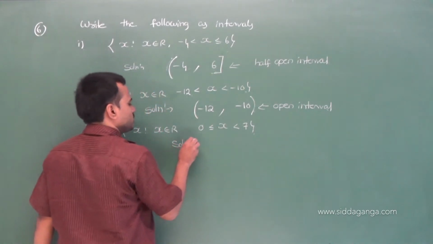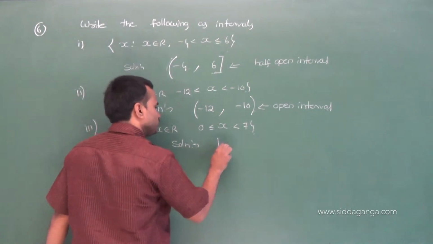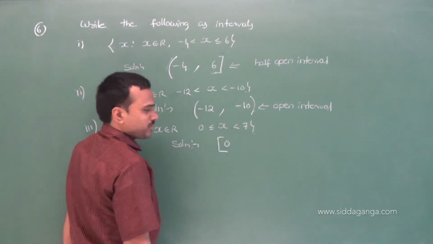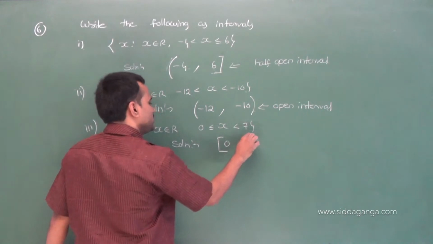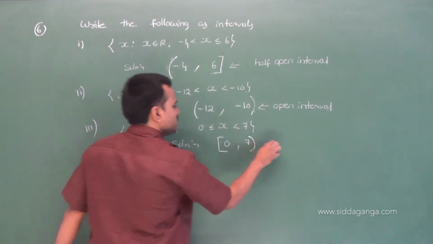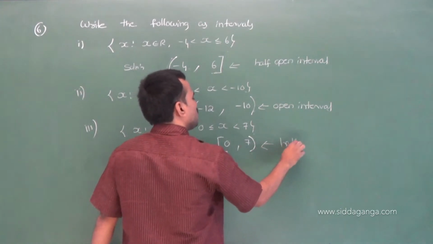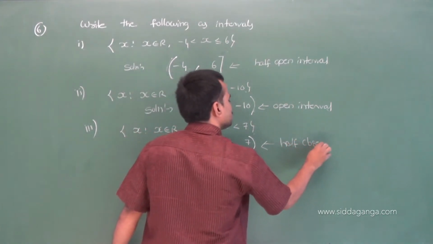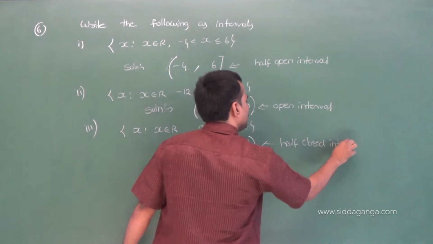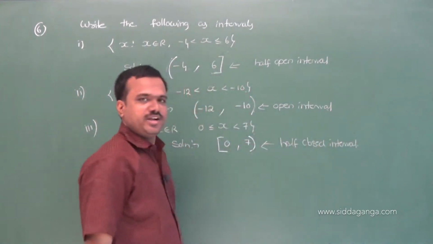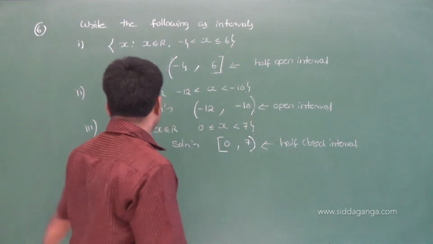Solution: 0 is included means square bracket 0, comma, 7 is excluded means open bracket. This one we call it as half open, or one more word, half closed interval.